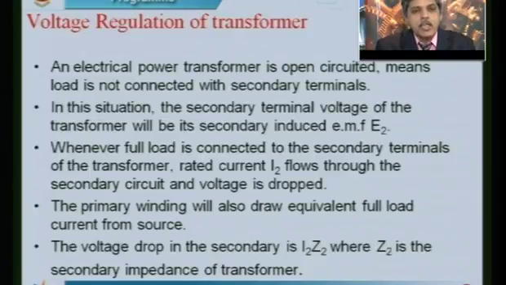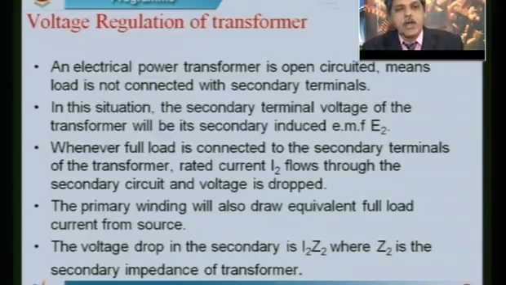Now suppose under this condition a small amount of load is added to the secondary terminals. Now this induced voltage in the secondary winding will give a current to the load. As there is a current in the secondary winding, the primary also draws a higher value of current from the supply. This is to supply the energy that is transferred from primary to secondary.